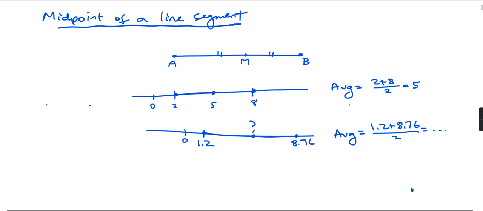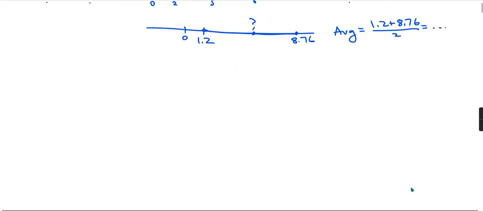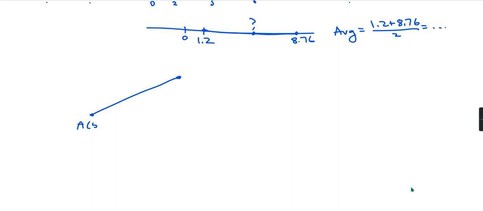Okay, so when we're doing midpoints using analytic geometry, on the grid where there are points x, y, the same thing applies. So pretend this is plotted on a grid, and this is the point A (5, 7), and this is the point B (9, 9). Then where is this midpoint M?